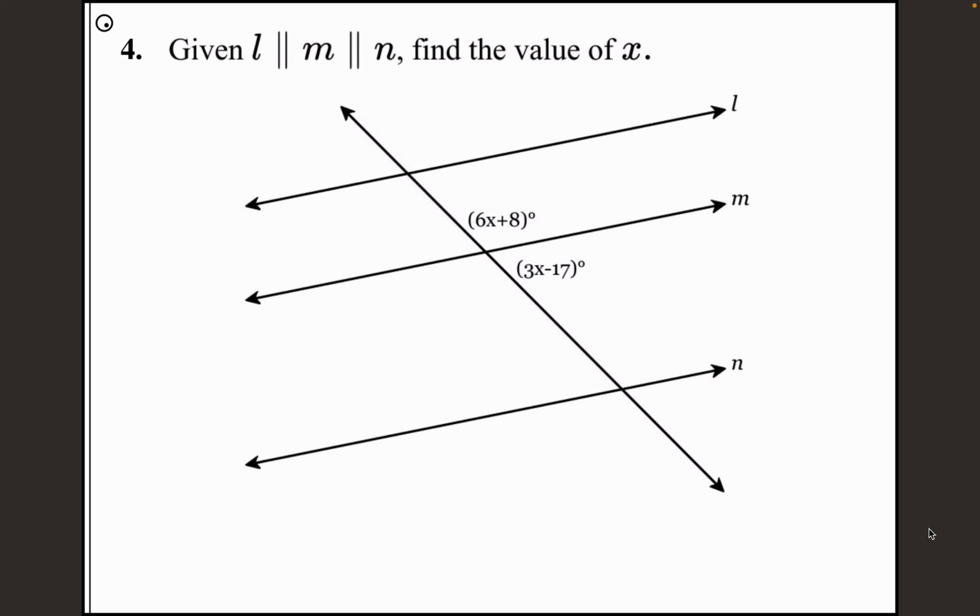So they're supplementary. So if they're right next to each other just like this, we know right away we need to add these up together and equal it to 180. Okay? So I add my x's together. 6x plus 3x equals 9x. 8 minus 17. Okay, what's that going to be? 8 minus 17.